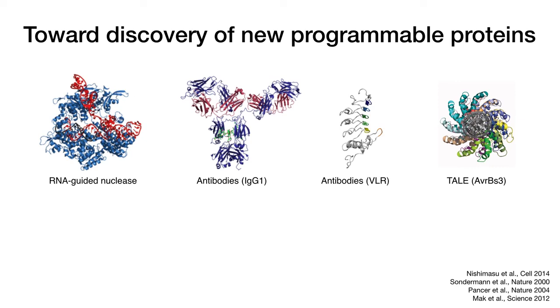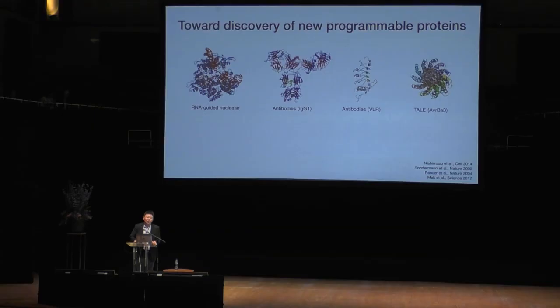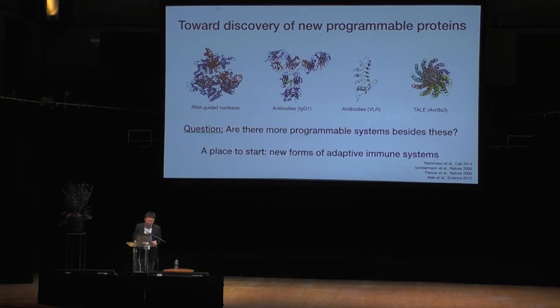If you think about the ones that we have worked with so far, Cas9, antibodies, or even the microbial tail proteins, most of these belong to immune systems. And these are naturally occurring but rapidly diversified systems that nature uses to defend against different forms of invading species. So we are now asking the question, are there even more programmable systems beyond the ones that we have identified so far?